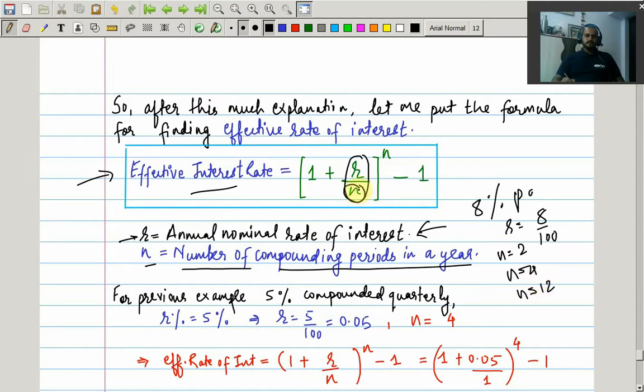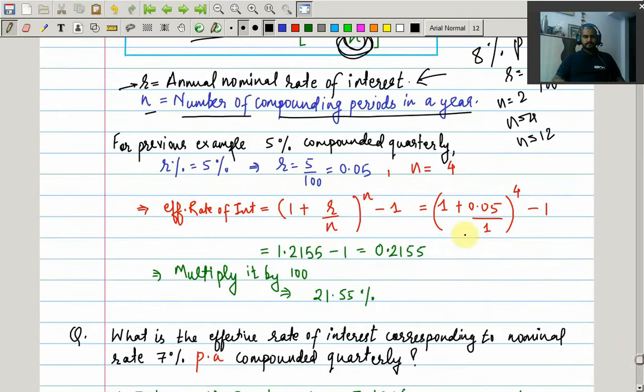Now there is a big confusion with this n in some examples. Let's see. For the previous examples, 5% compounded quarterly, I haven't written per annum here.